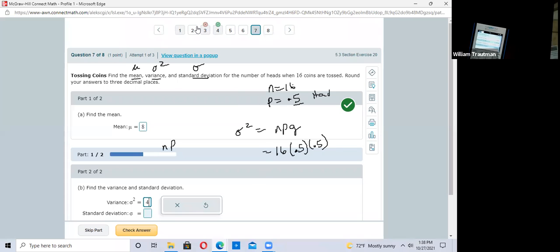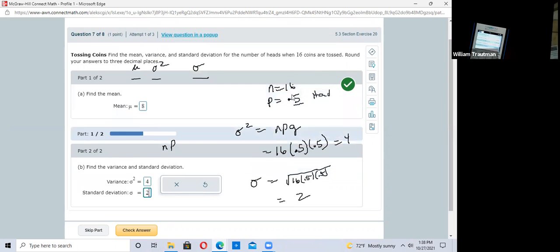Then I take the square root of 4, and you end up with 2. They make it all nice and easy with these nice numbers.